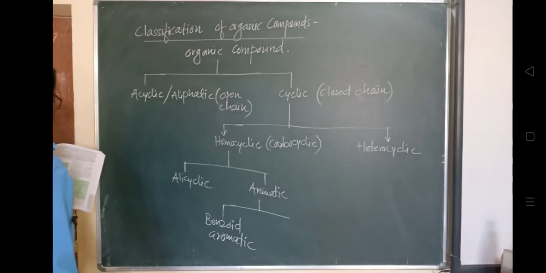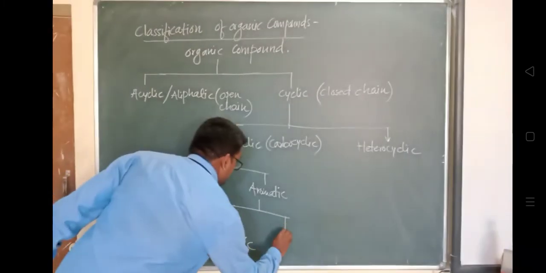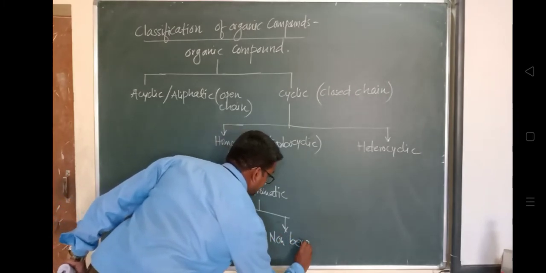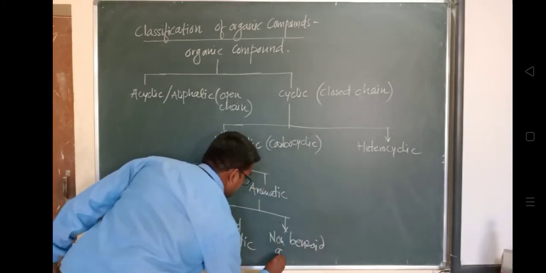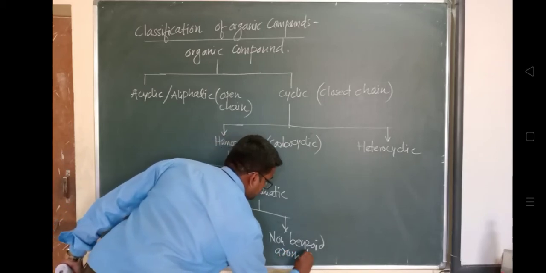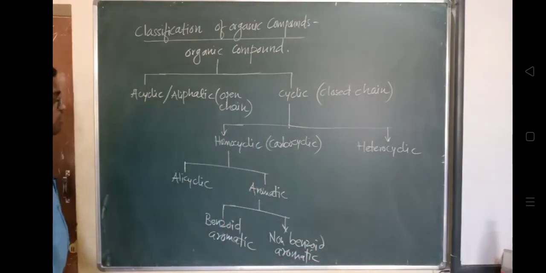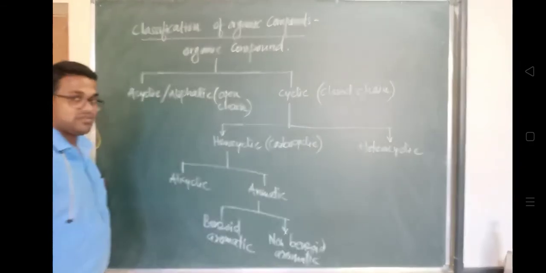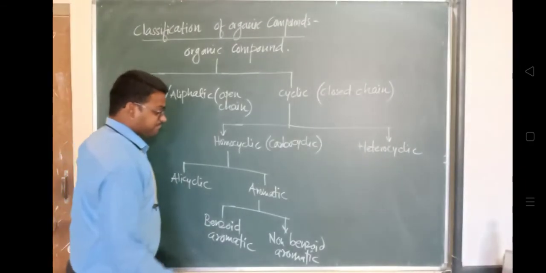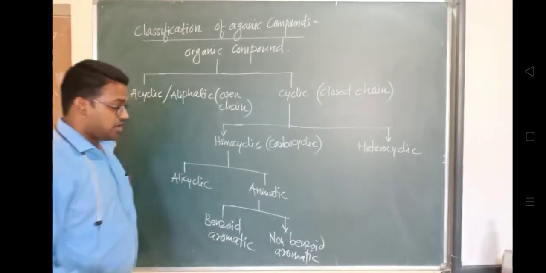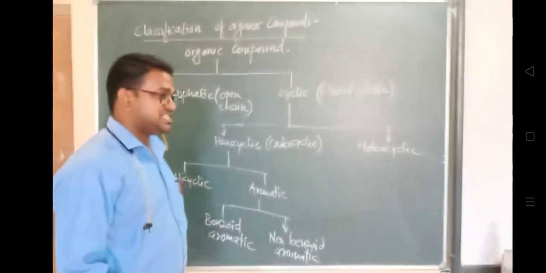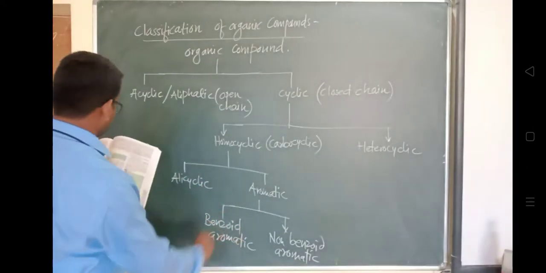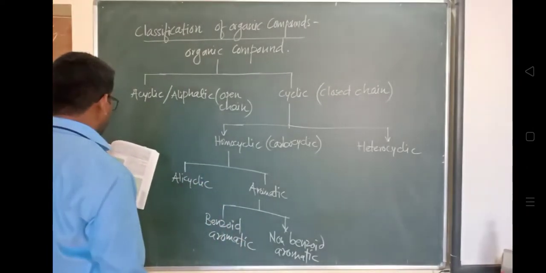So aromatic is further classified into two categories: benzoid, which will have a benzene ring, and non-benzoid aromatic, which will not have a benzene ring. We'll discuss that when we discuss this kind of compound.